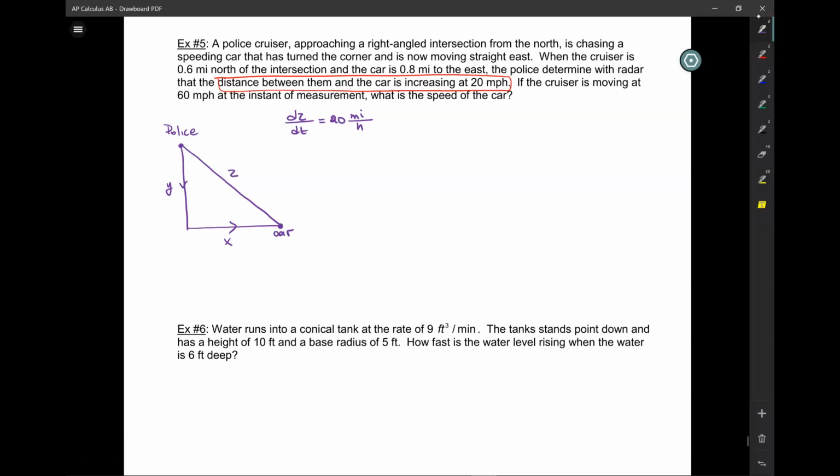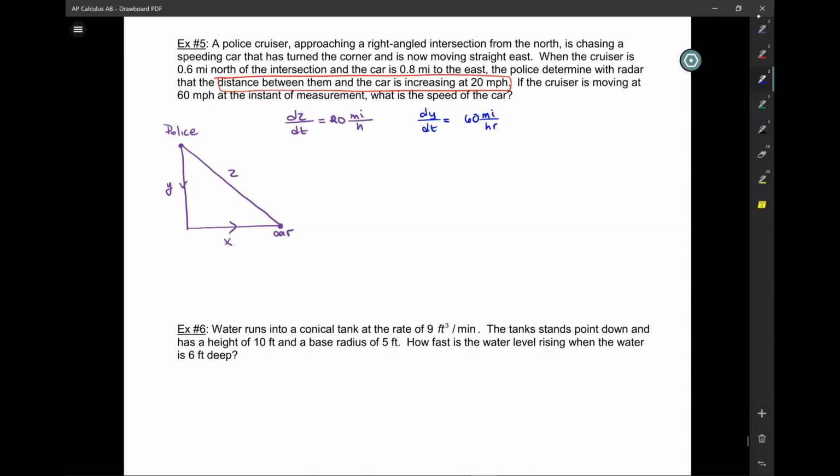Okay, now the cruiser is moving at 60 miles an hour. What quantity is that? The cruiser, that's the police, is moving at 60 miles an hour. dy/dt, now, is dy/dt 60 miles an hour?